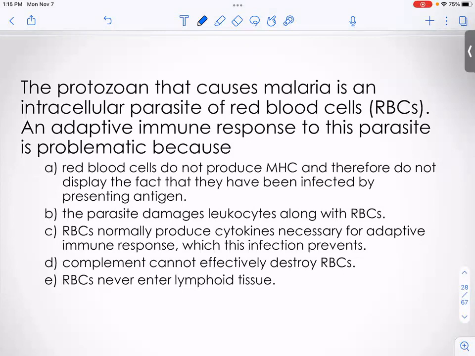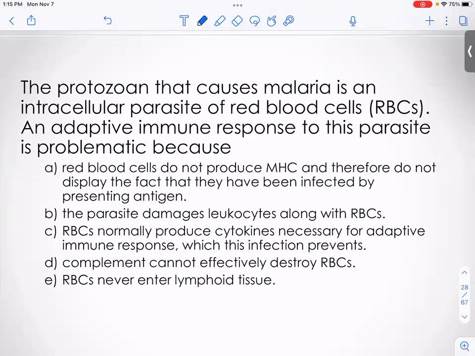It's a little on the wordy side, but I like this question because we talked about Plasmodium, we talked about malaria in the past. Hopefully this looks familiar because I just reminded you of that. What about pathogens that infect red blood cells?